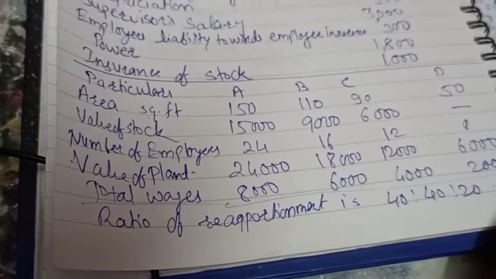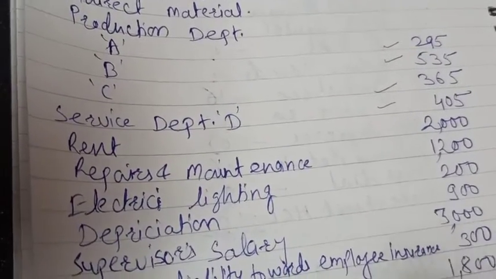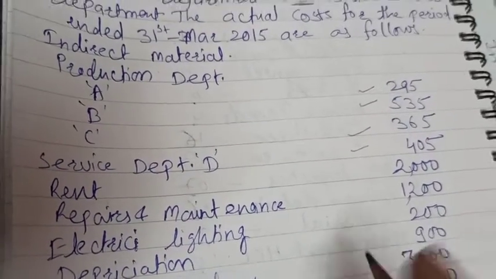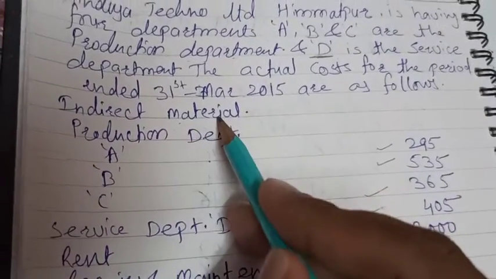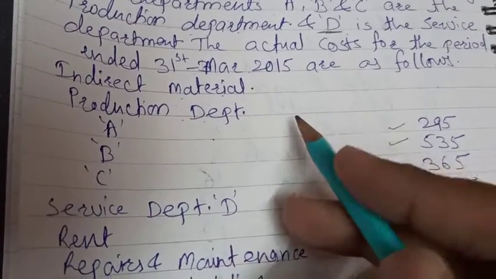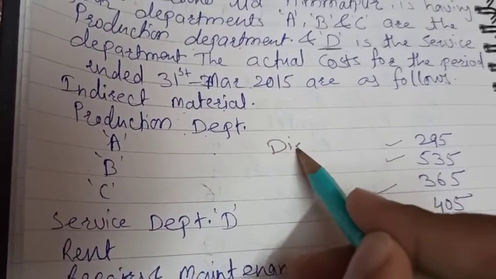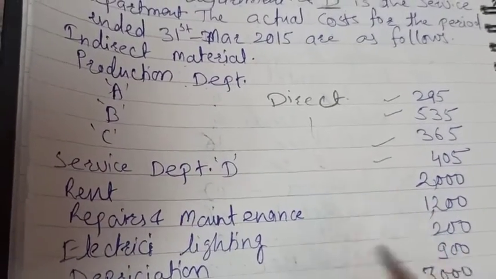So let's start with the allocation of basis. For indirect material, they are directly given the figures, therefore the basis is direct, for all these 4.